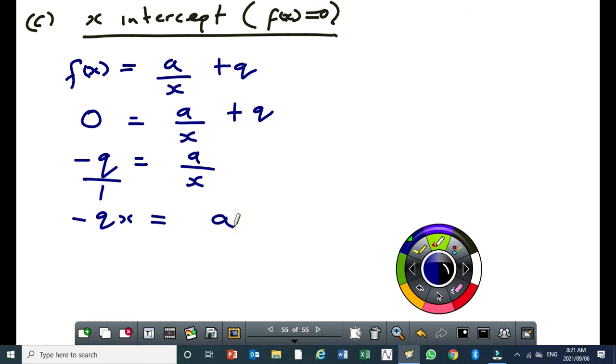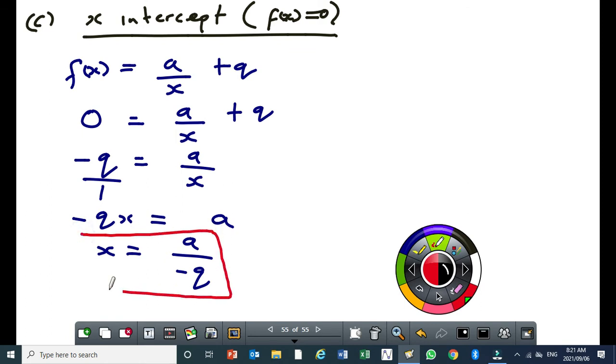What this means is that x is going to be a over minus q. So that's your x-intercept. If you're asked to calculate the x-intercept, you can memorize that equation: x equal to a over minus q. That's your x-intercept.